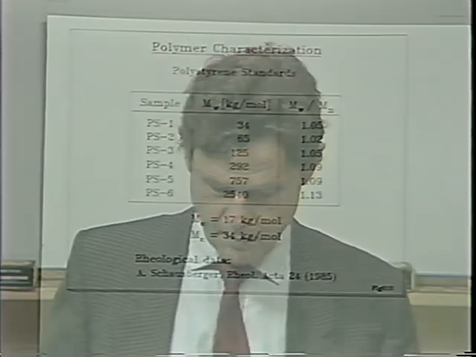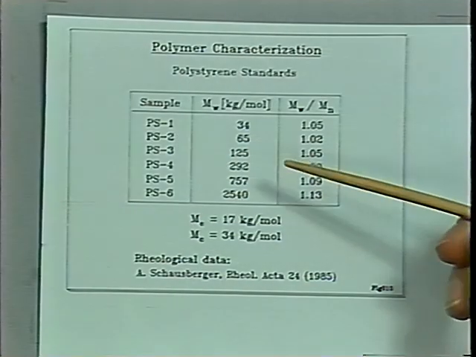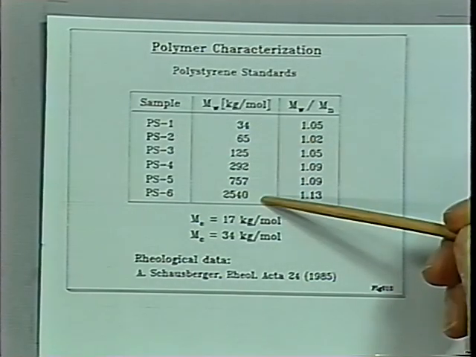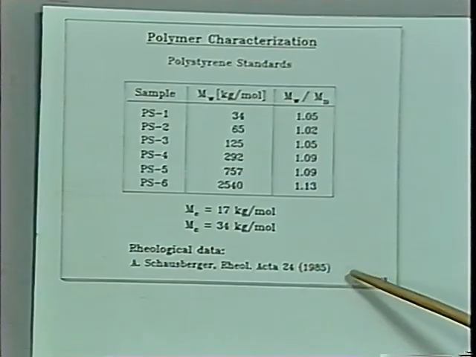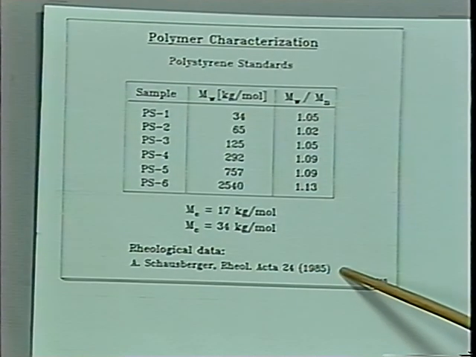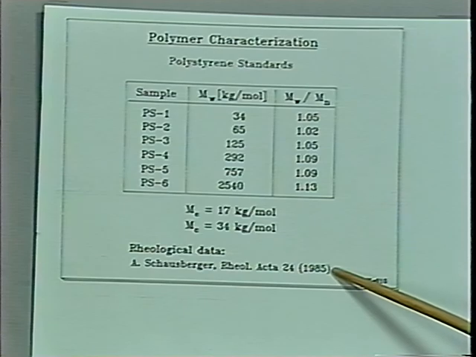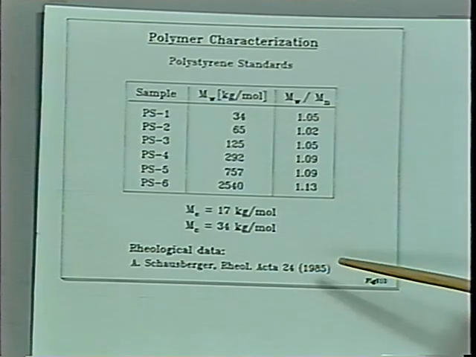The material which we are going to look at is polystyrene. Six samples had been studied. We didn't even have to measure this ourselves. Alois Schausberger performed those experiments, published them in '85, and he also visited us a year ago, so we had all the information available.